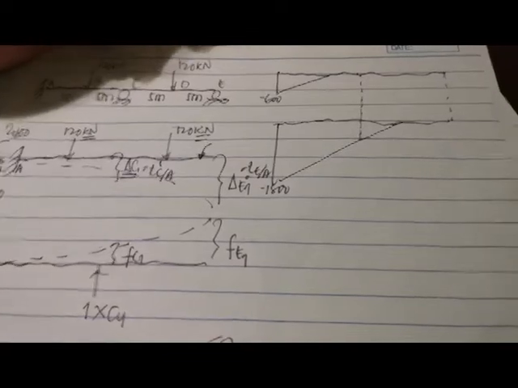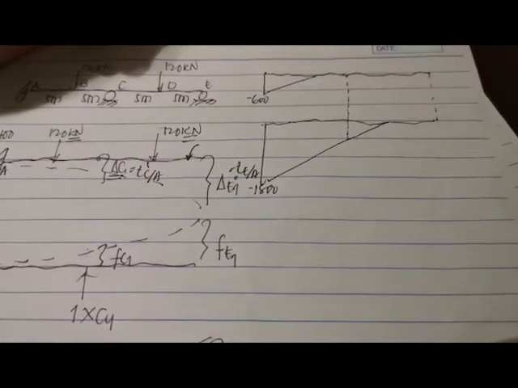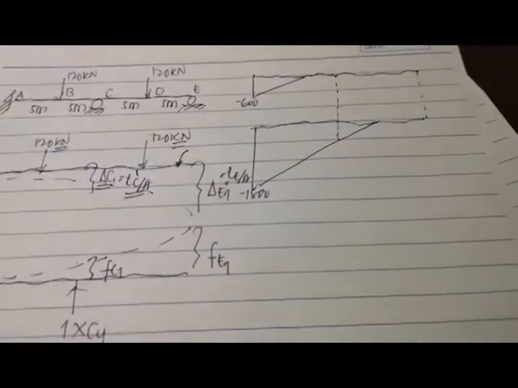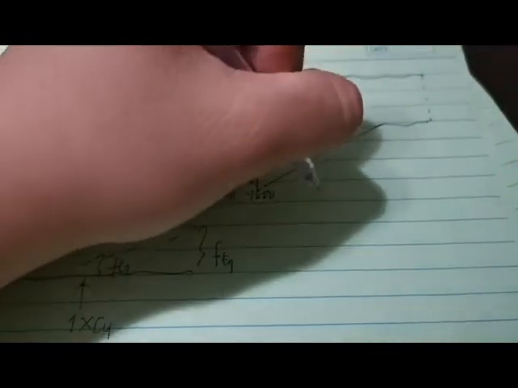Okay, so first let's solve for your delta C1 or your tangential deviation of C with respect to A.